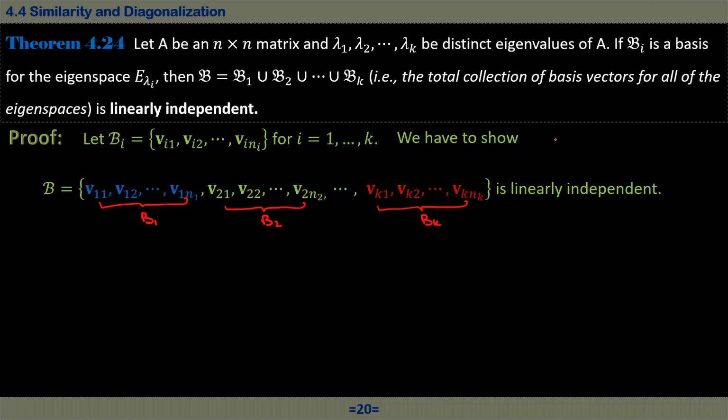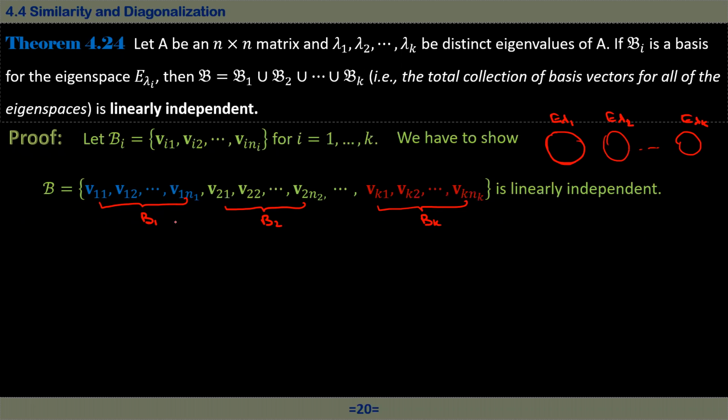Here we have eigenspaces: one, maybe two, dot dot dot, k. Let's say this one is the first one, this one is the eigenspace corresponding to lambda 2, dot dot dot, and this one is the eigenspace corresponding to lambda k. The first set is spanned by the vectors v11, v12, dot dot dot, v1n1.